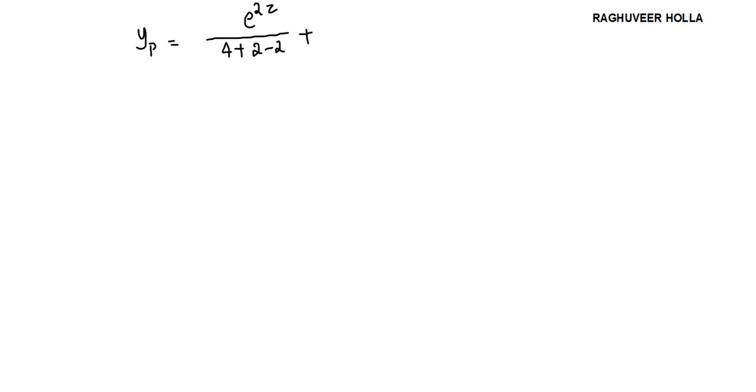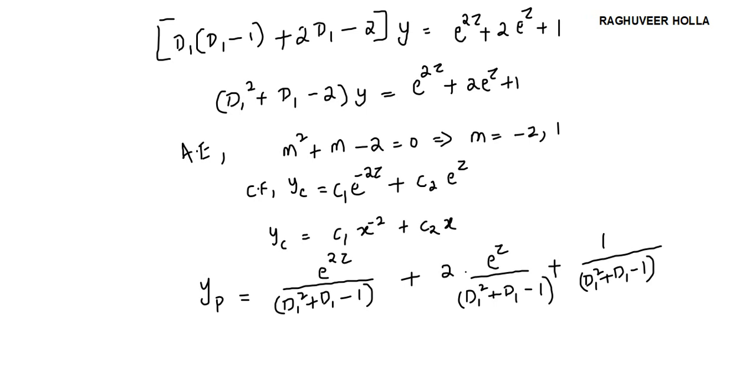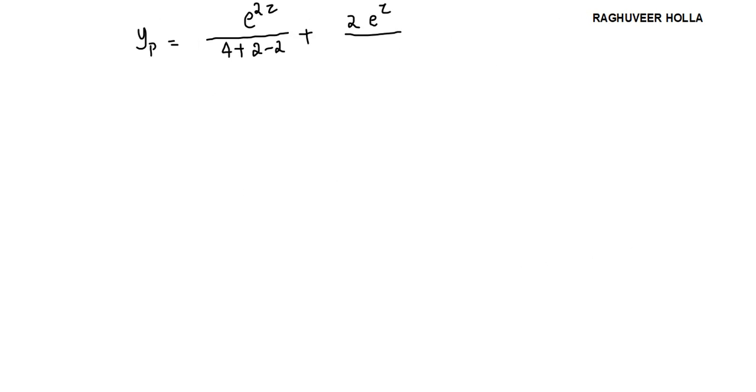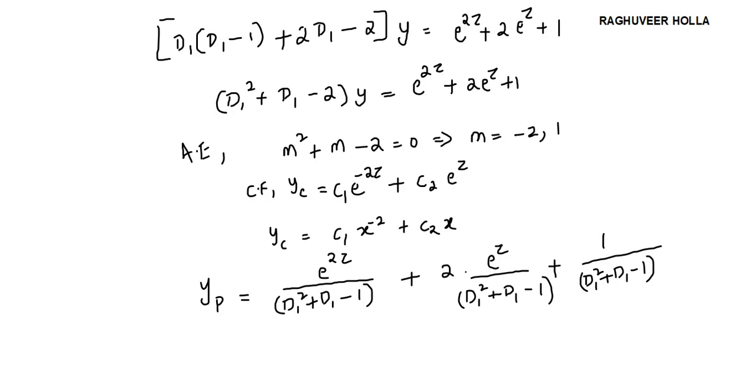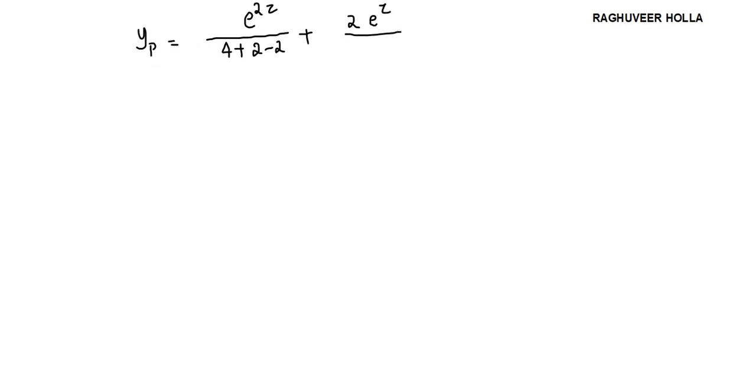Now in the second case, let us substitute d1 as 1. So actually this is 2 everywhere, right? Okay, make a correction of this everywhere. Okay, so let us substitute that.